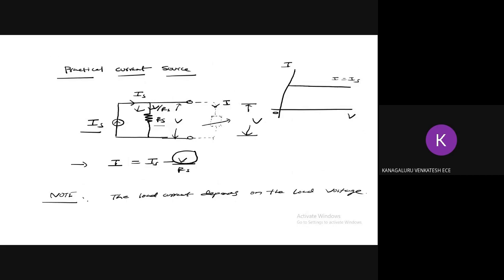Let us suppose V is 0, therefore I equals IS. I get IS here. If the V values keep on increasing, then the load current will get reduced. At a particular point, it will approach 0. So this is about the practical current source.